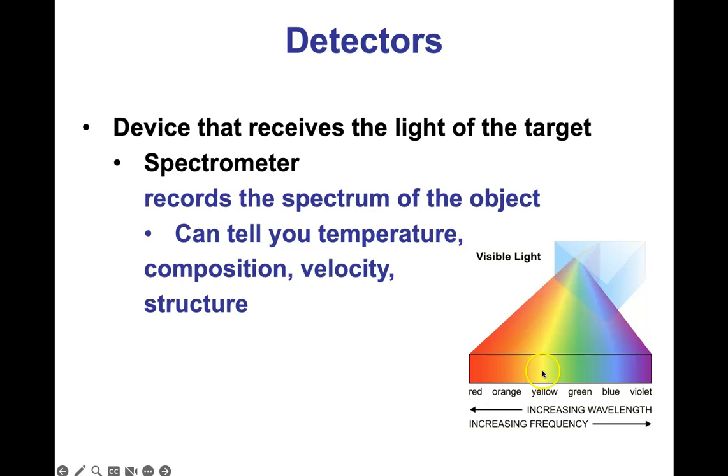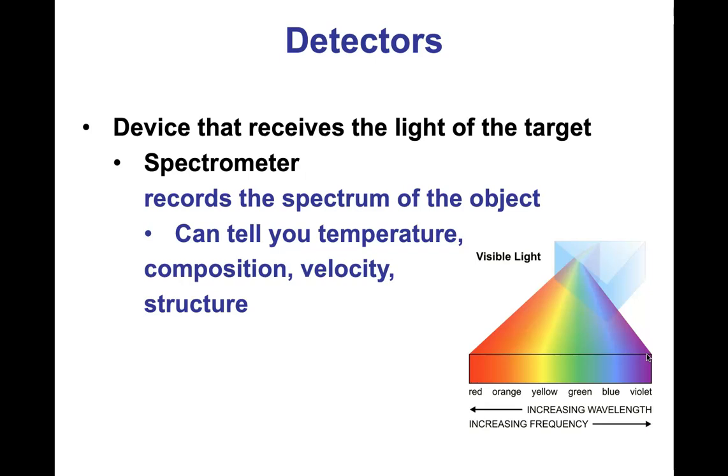How much yellow light? How much green light? Etc. So this is a completely different way of looking at the light from an object. I'm not taking a photo, I'm taking a spectrum. When you split the light up into the different colors, the different wavelengths of light, you're looking at the spectrum of an object, splitting up the different colors so that you can look at each color individually.